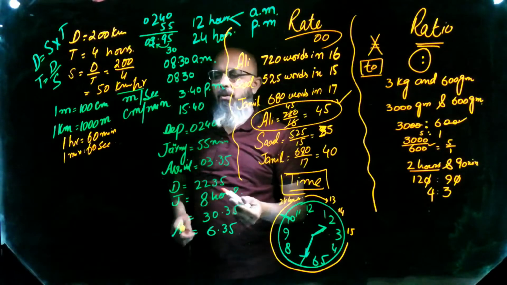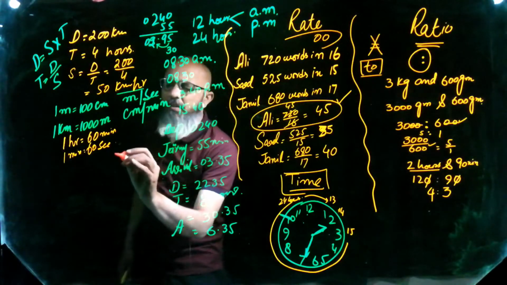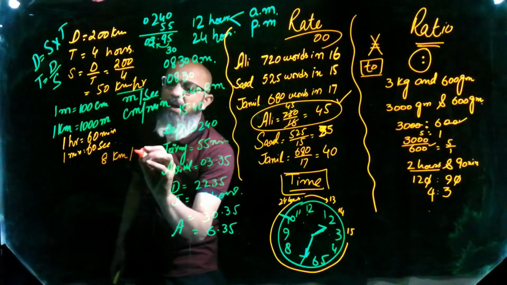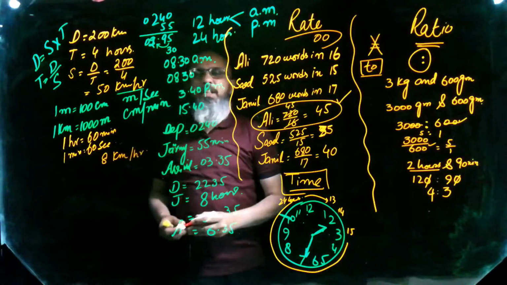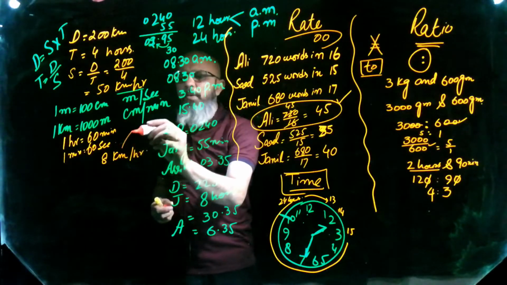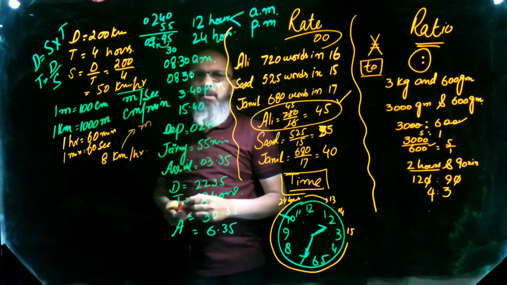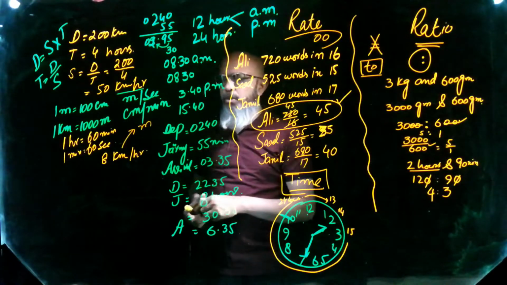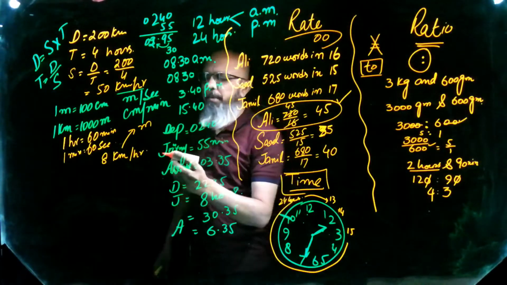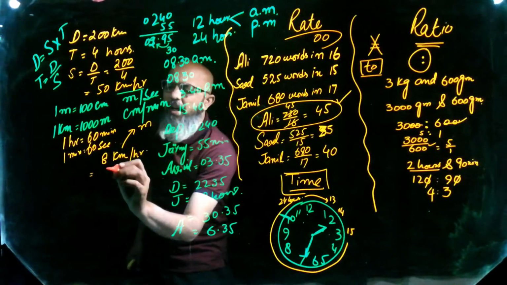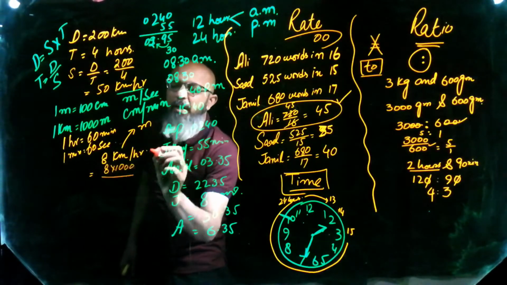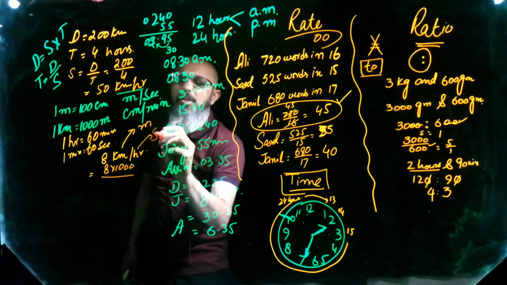Look here. Suppose you have 8 kilometer per hour and we have to convert this into meter per second. So kilometers change into meters. How many meters in 1 kilometer? That is 1000. So you have to multiply 8 with 1000 and you have to change the hours into seconds.